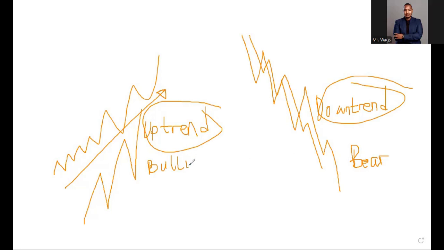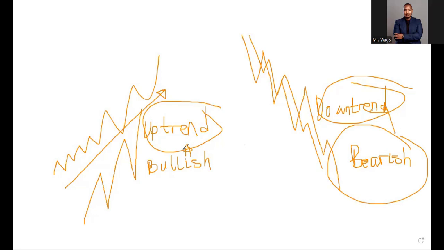Or we can call this a bullish market or a bearish market. So this is a bearish market. So a bearish market is the same as downtrend, and a bullish market is the same as uptrend.